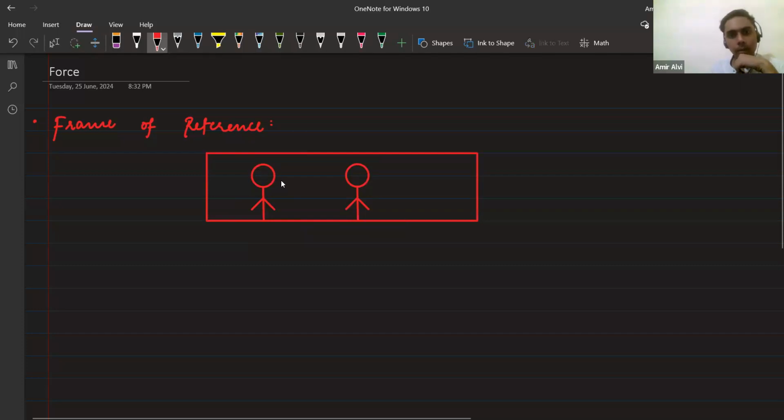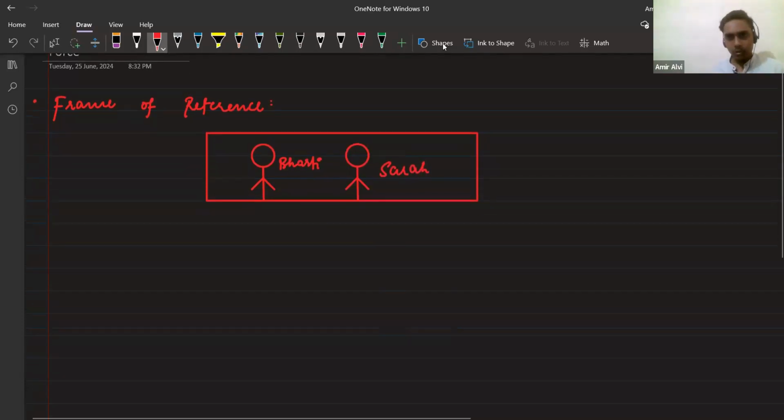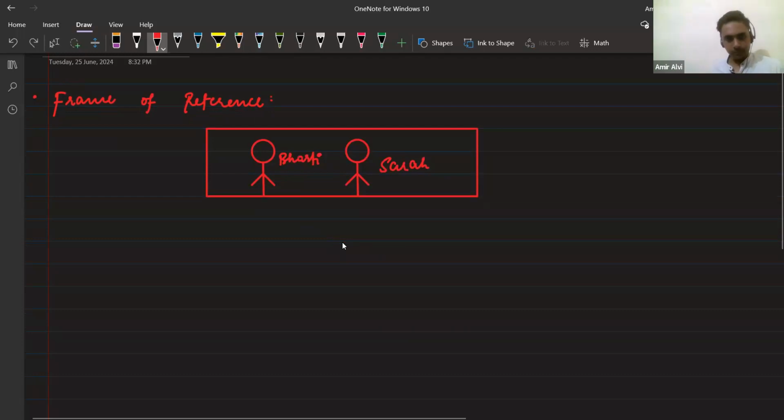So Bharti and Sara are traveling in their train. Okay, and suppose here, let's take Heather. Heather is standing at the platform.